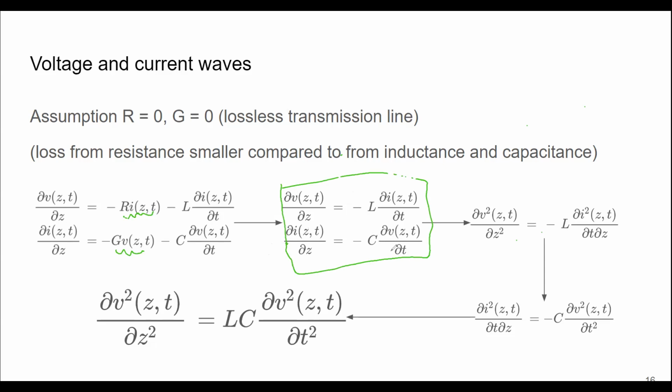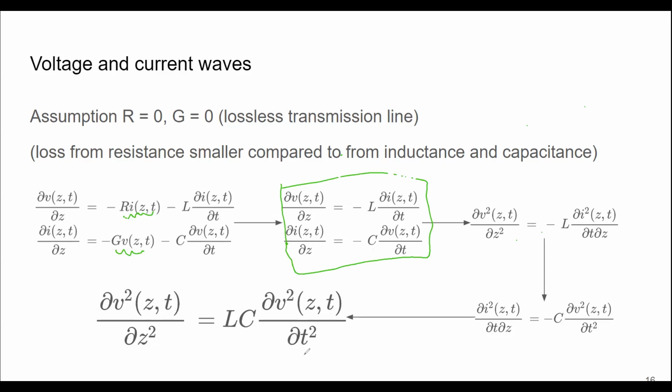After this, we can get more relationships between the currents and the voltages, right? The first relationship we can take is about voltage only. We take only voltage, and then we see the voltage behavior.